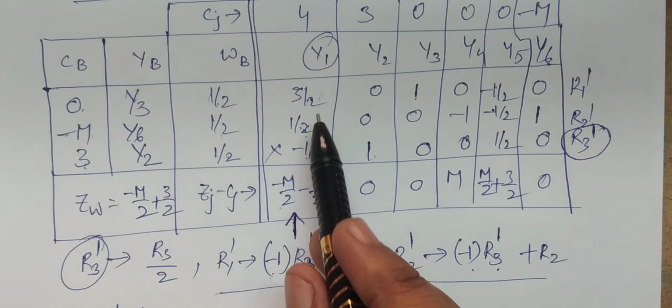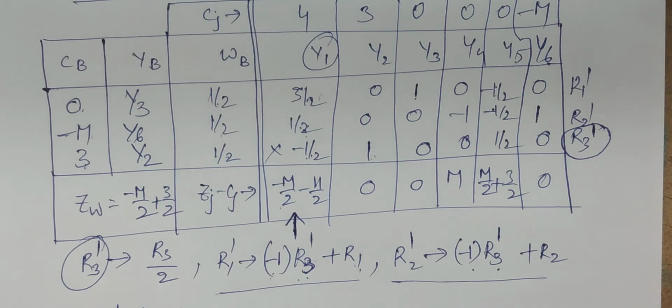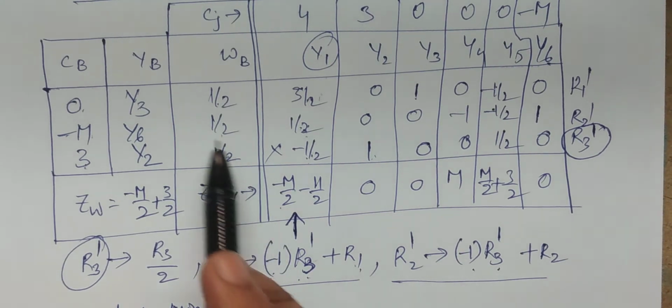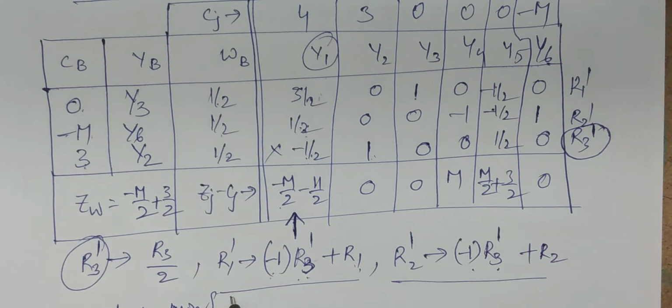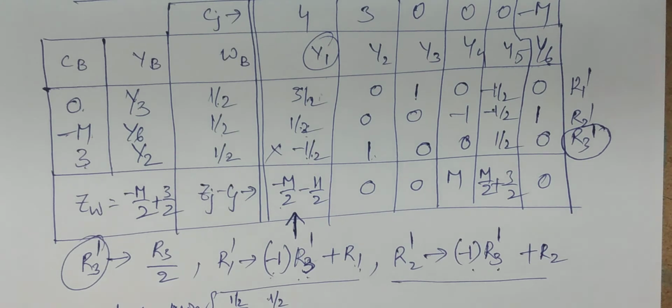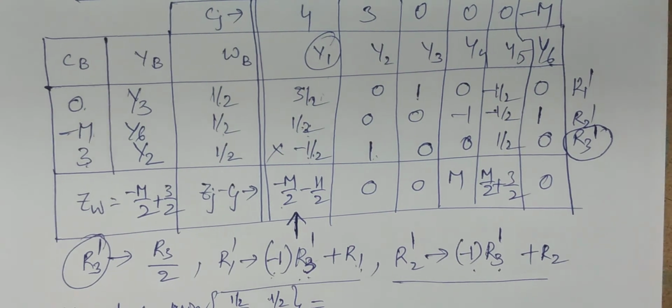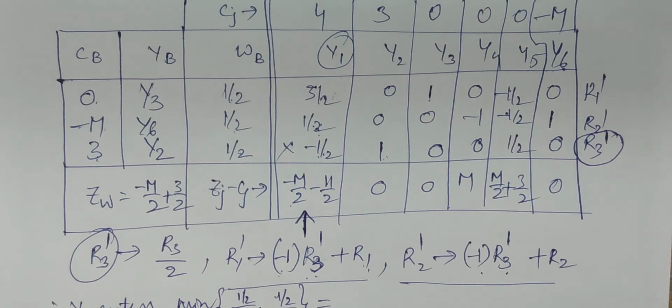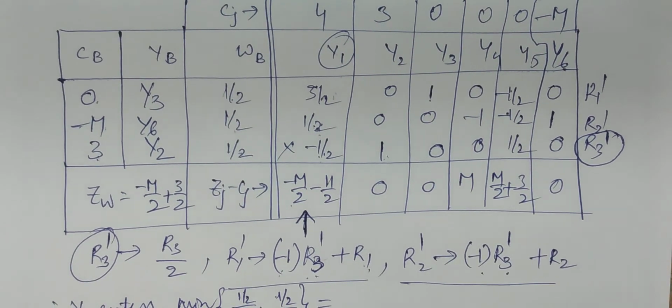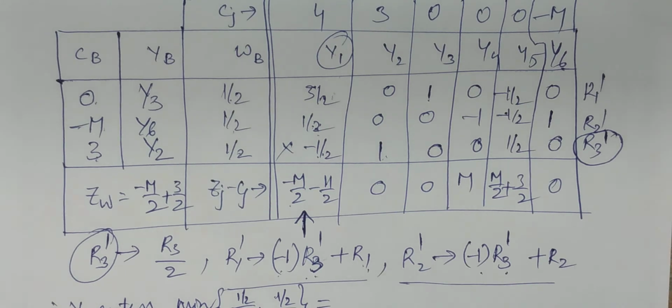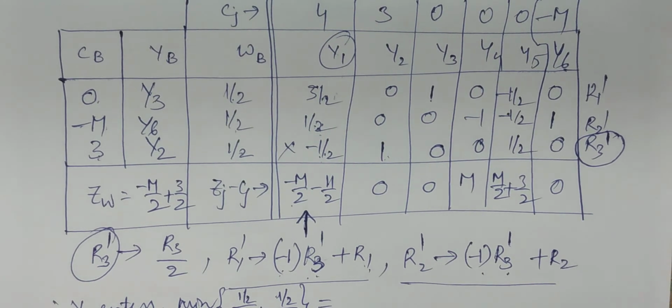So the minimum of the ratios: 1 by 2 by 3 by 2, comma 1 by 2 by 1 by 2. 1 by 2 by 3 by 2, the 2 will get cancelled, it is 1 by 3. 1 by 2 by 1 by 2 is 1.